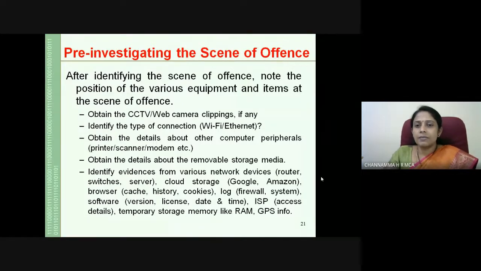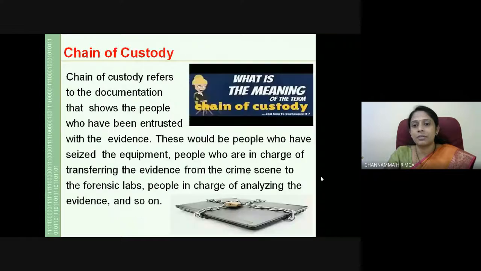And investigating all these sources for solving the digital crime is very important. It is the responsibility of the investigating officer. After pre-investigation, chain of custody is one of the important steps in digital crime investigation.